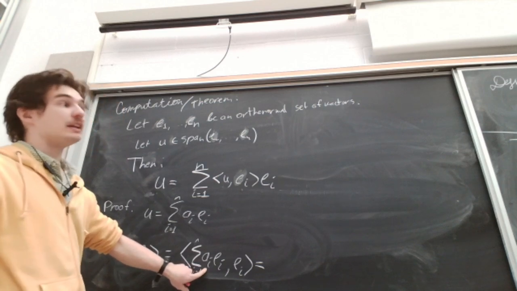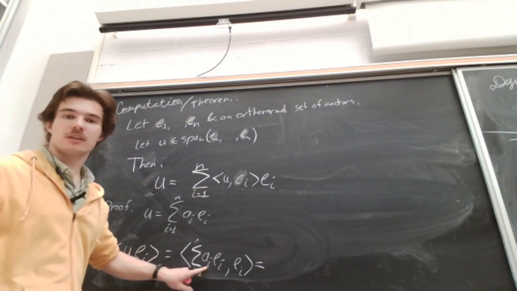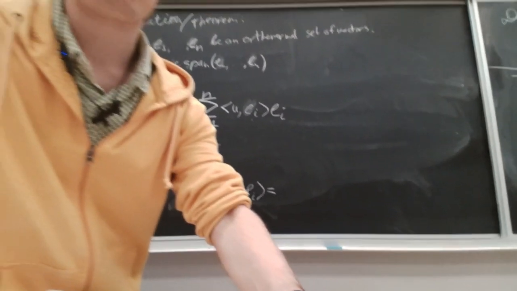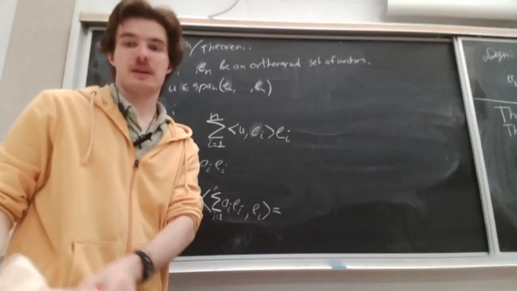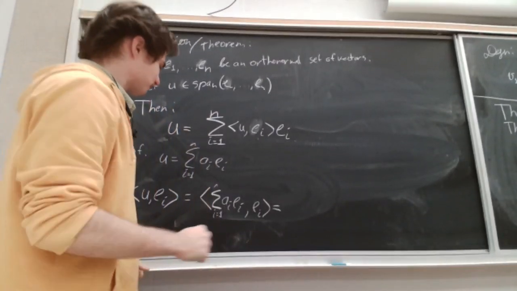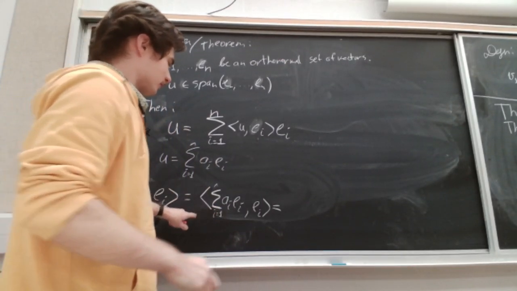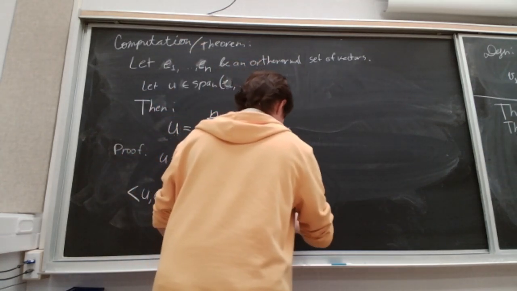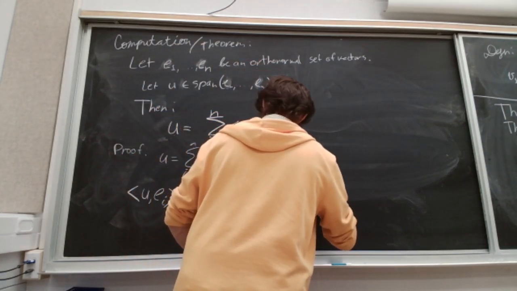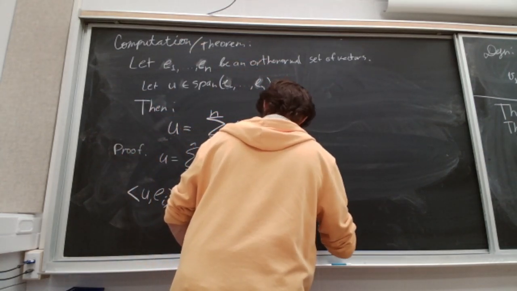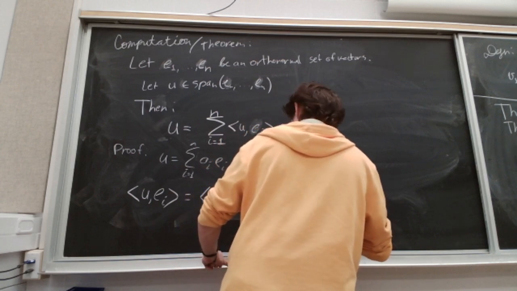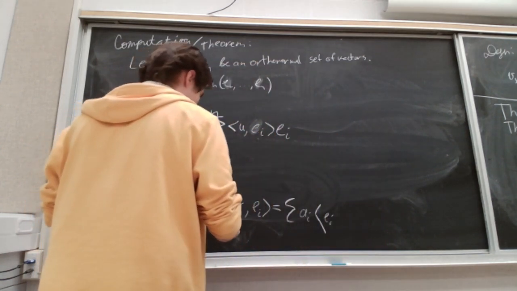Now, remember, I have linearity in the first entry. I can pull out the sum and the factors. Oh, sorry, this is bad.